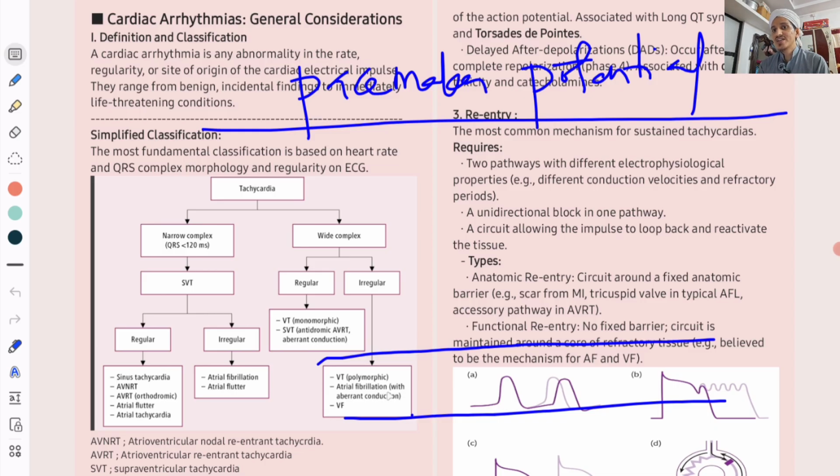That will generate a potential, a voltage, a current. And that current will cause electrical contraction coupling, excitation-contraction coupling.